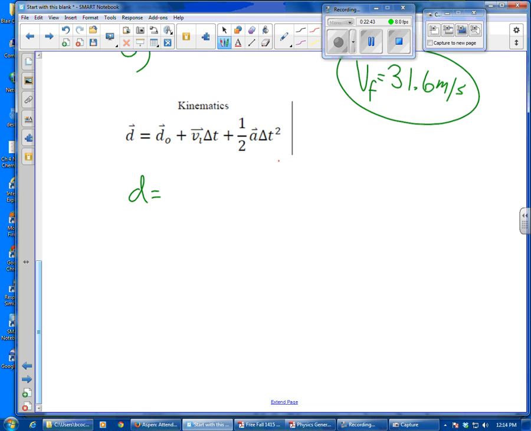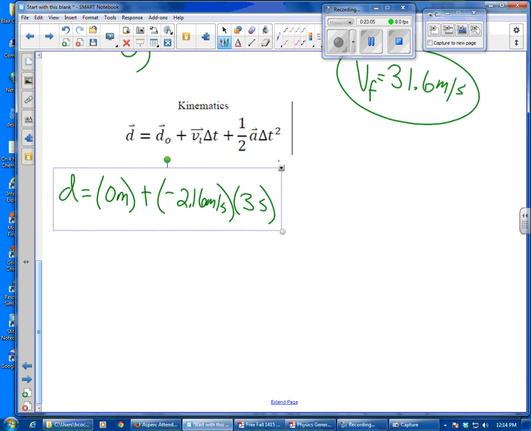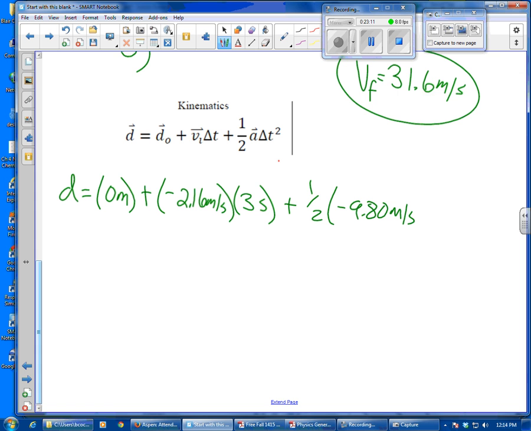I'm going to call where it started at the balloon at 0 meters. Its initial velocity was downwards again at 2.16 meters per second. It moved for 3 seconds. Plus 1/2 times negative 9.80 meters per second squared, and 3 seconds squared.